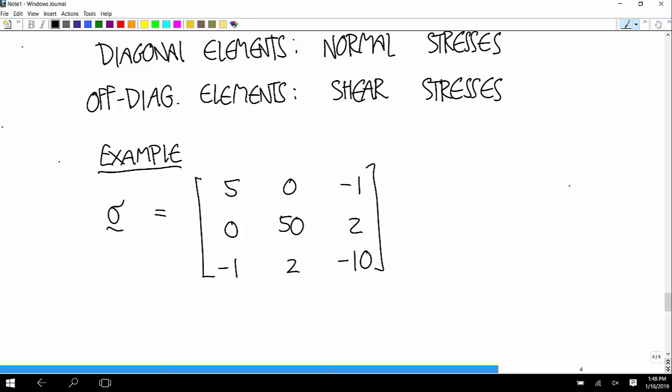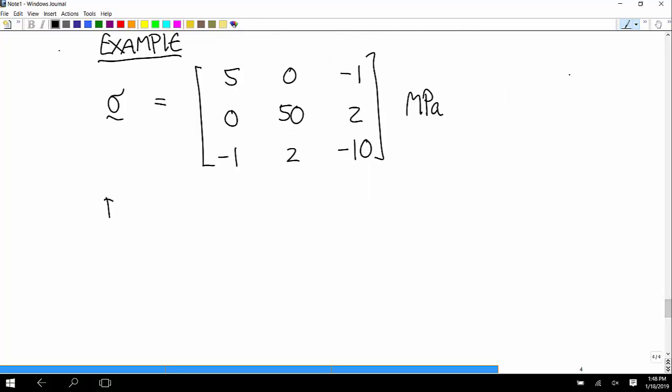And these are pascals, which are very small values. You'd never bother calculating stress for anything for an engineering material where the stresses were that small. So let's say these are in megapascals. That's a more reasonable, like, engineering range of values. So draw the stress cube that corresponds to this.